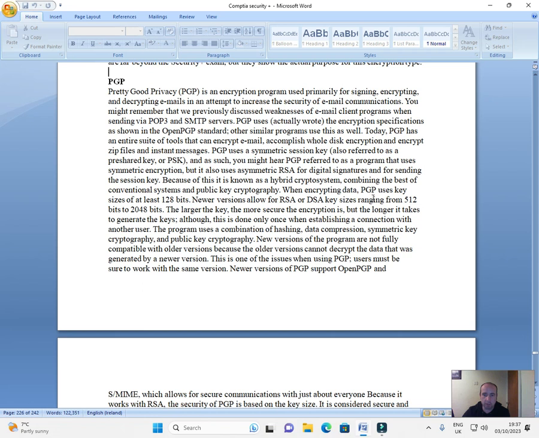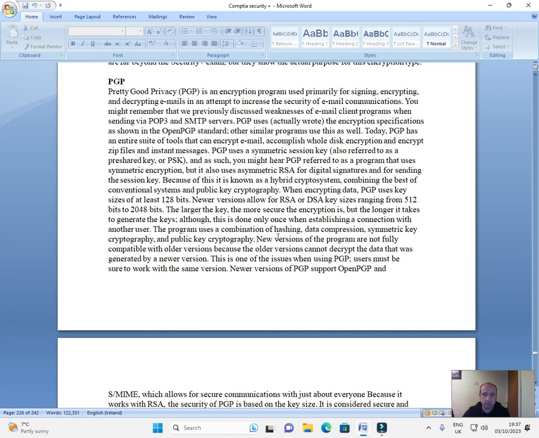When encrypting data, PGP uses key sizes of at least 128 bits. Newer versions allow for RSA or DSA key sizes ranging from 512 bits to 2048 bits. The larger the key, the more secure the encryption is, but the longer it takes to generate the keys, although this is done only once when establishing a connection with another user.